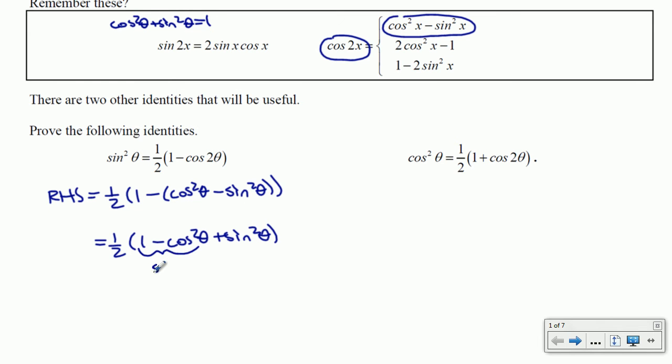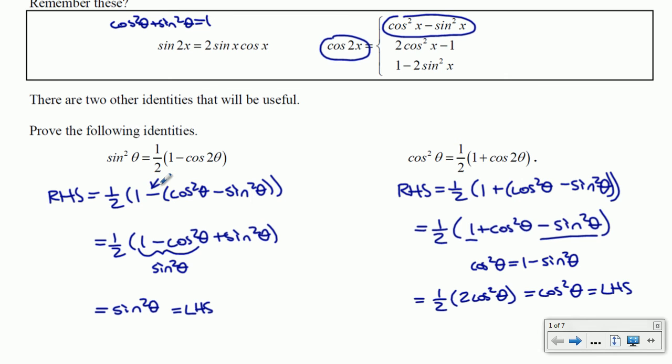We know that's equal to sine squared theta. So within the brackets here we have sine squared theta plus sine squared theta, which is 2 sine squared theta. And if we multiply that by 1/2, we get sine squared theta, which is equal to the left-hand side. And the proof for this identity is basically the same, except that subtraction symbol is an addition symbol. So you can pause the video if you want to have a look through that.